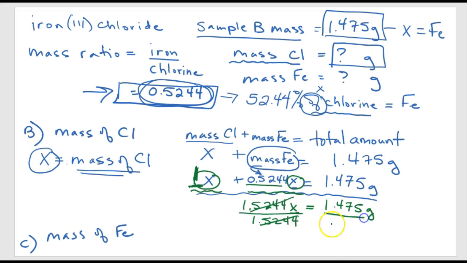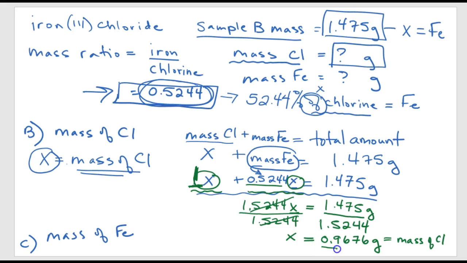And whatever I do to one side, I also have to do to the other side. So x is going to be equal to 1.475 grams divided by 1.5244, and that's going to give me 0.9676 grams. So that is what my mass of chlorine is equal to.